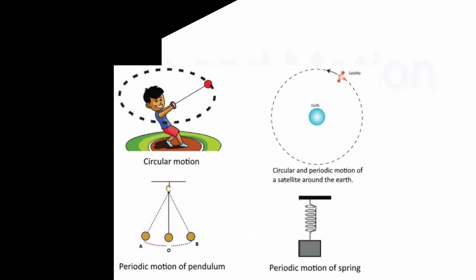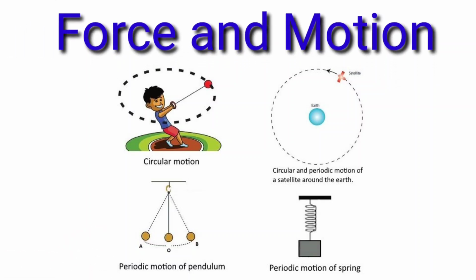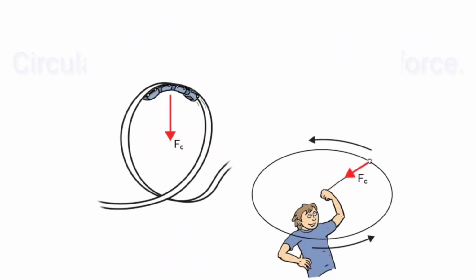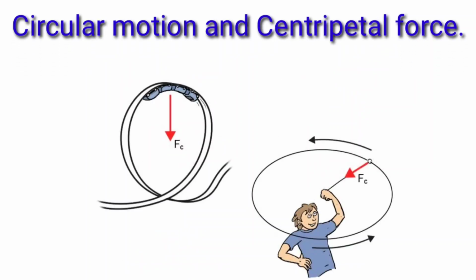Okay? Students, we have seen that a force is necessary to change the speed as well as the direction of the motion of an object. Now let's learn circular motion and centripetal force. Try this. Tie a stone to one end of a string.